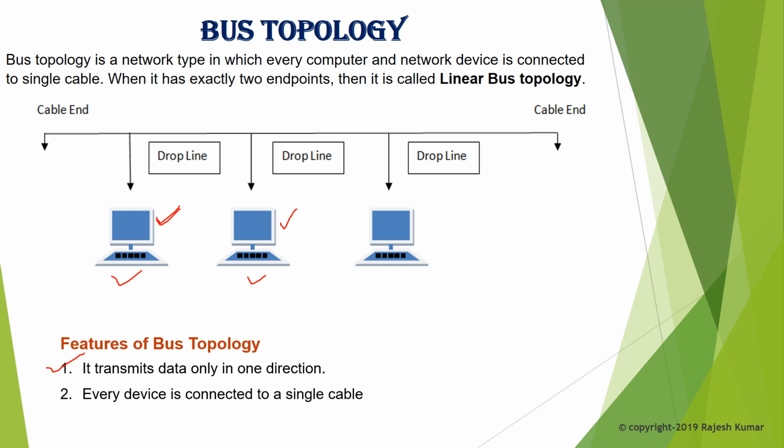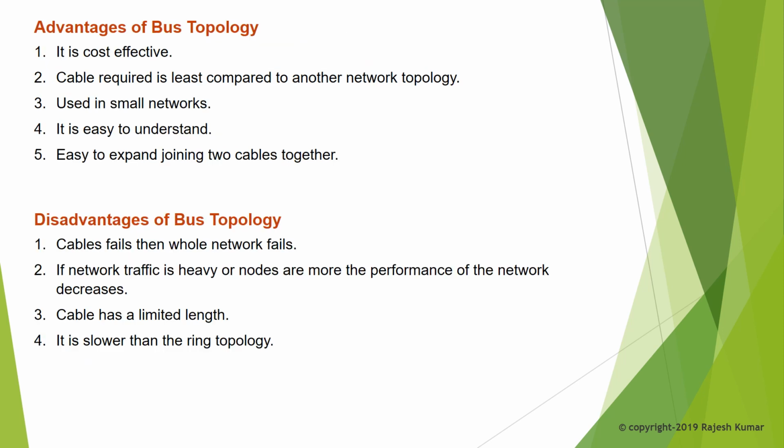The other function of the bus topology is that every device is connected to a single wire, as we discussed. Some common advantages and disadvantages of this topology are discussed in the further slide.